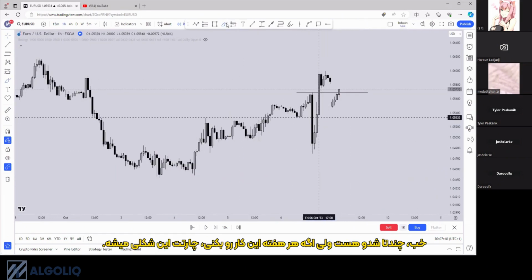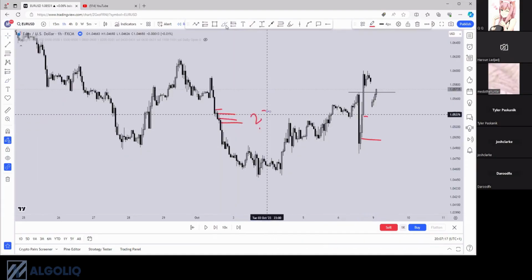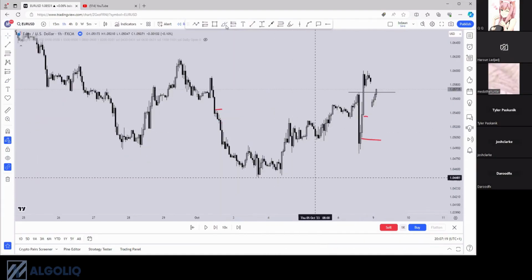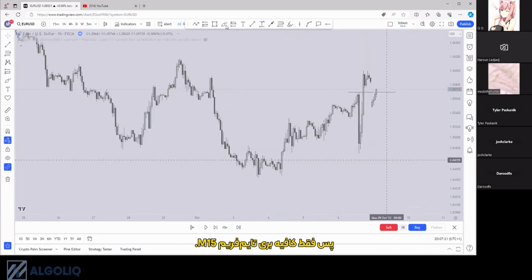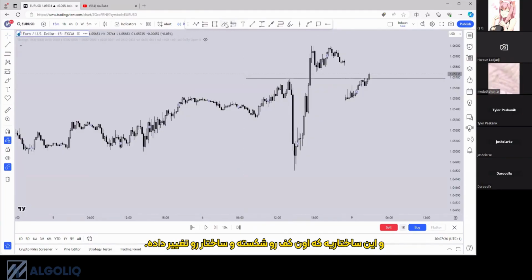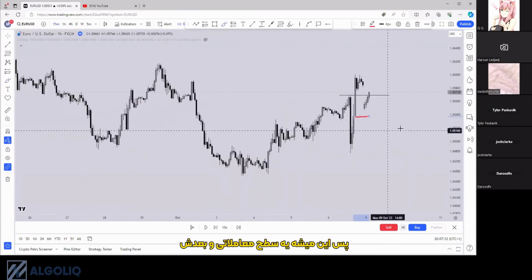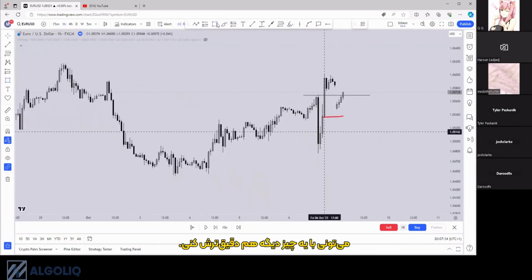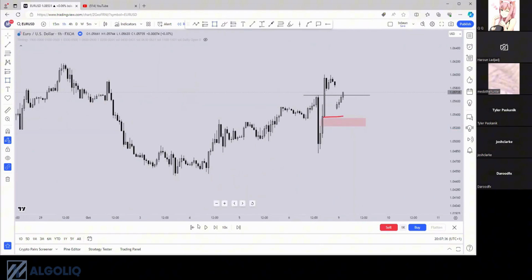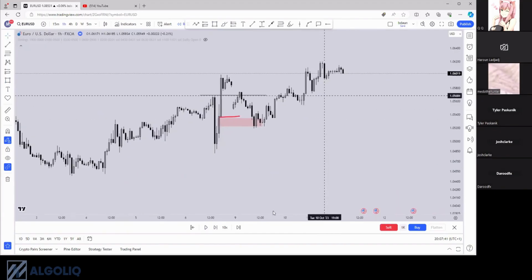Okay, some wicks, but if you mark every wick, then your chart would look like this. So all you have to do is go to M15. And this would be the low that broke structure. So this would be a trading level, and then you can refine it with something additional to that. But that should be it.